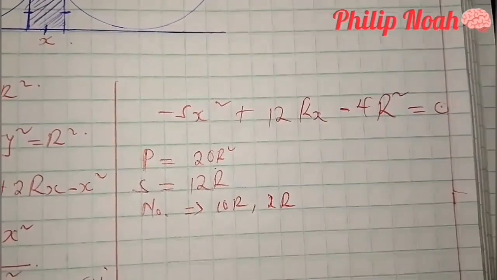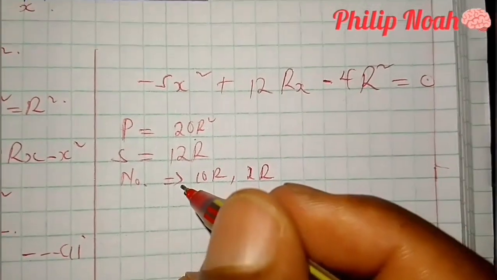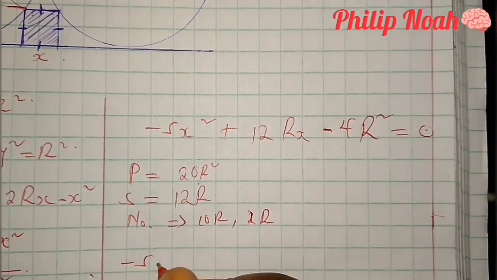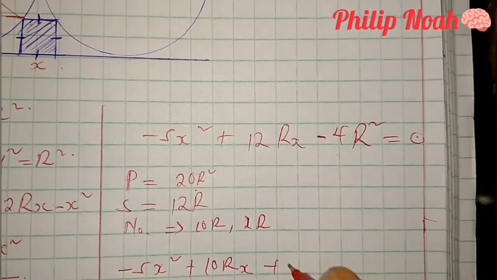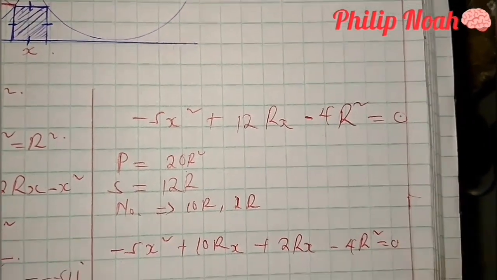can just do it out there. I can just do it so that I don't feel like I have omitted something here. This is negative 5x squared plus 10rx plus 2rx minus 4r squared is equal to 0.